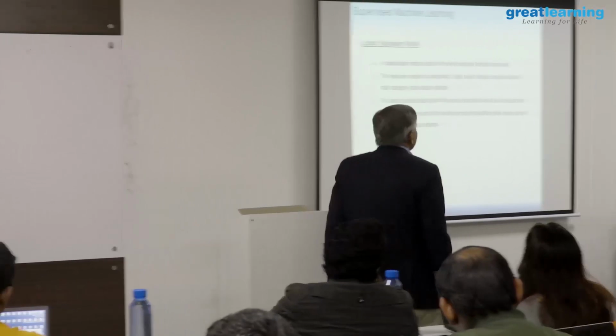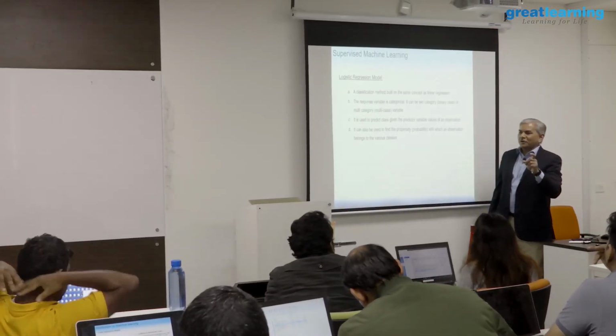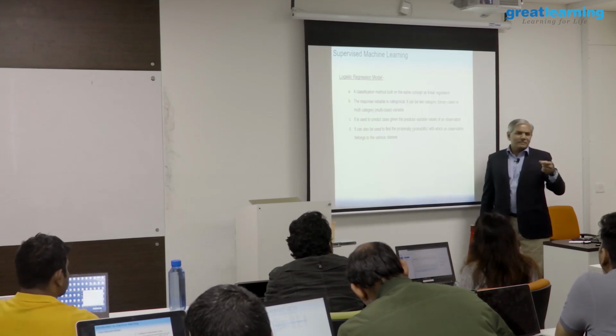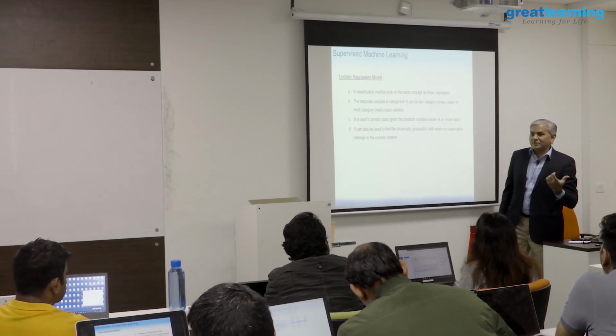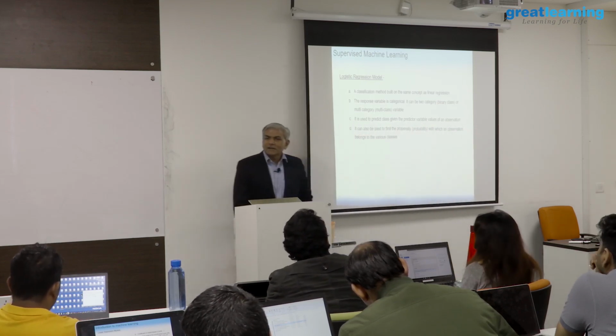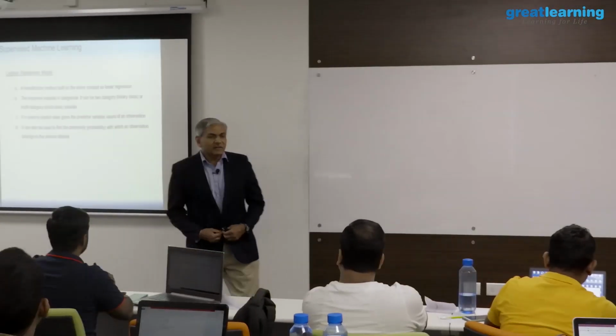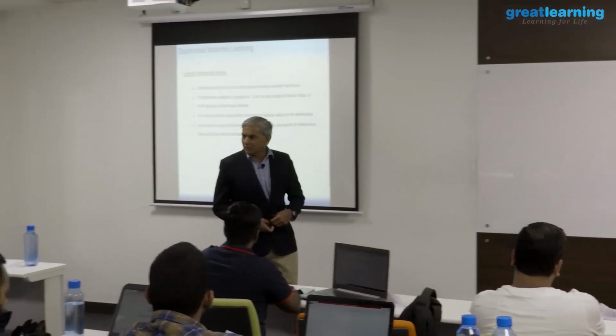The response variable, that is the target variable, can be binary class, defaulter, non-defaulter, diabetic, non-diabetic, or it can be multi-class classification also. I can use logistic regression for optical character recognition. And in my personal experience, I have seen and I have also read some papers about it.